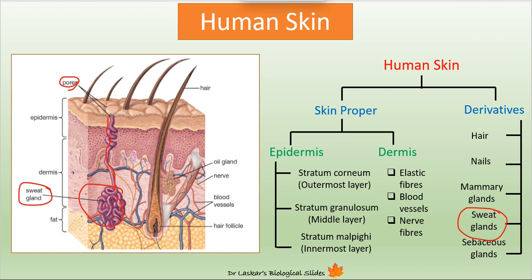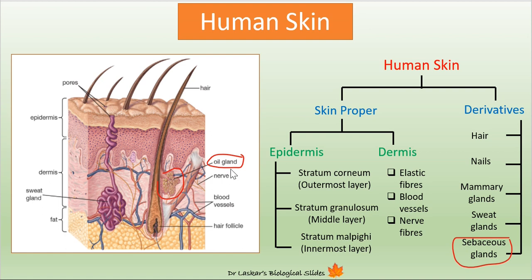Next, the sebaceous gland, also called the oil gland. The sebaceous gland usually opens into the hair follicle. Here it is labeled as the oil gland. It opens into a hair follicle, though sometimes it opens directly to the outside.